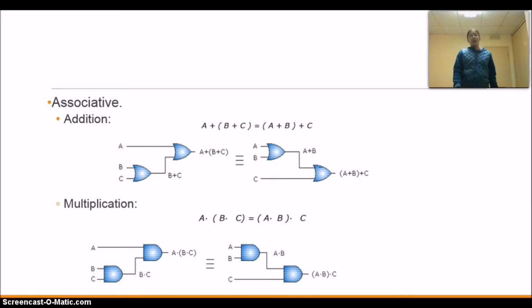And at the end, we have the associative property. In additions, it's going to mean that we can divide our factors in different groups while they are in an addition. In that case, we won't alter the final result.